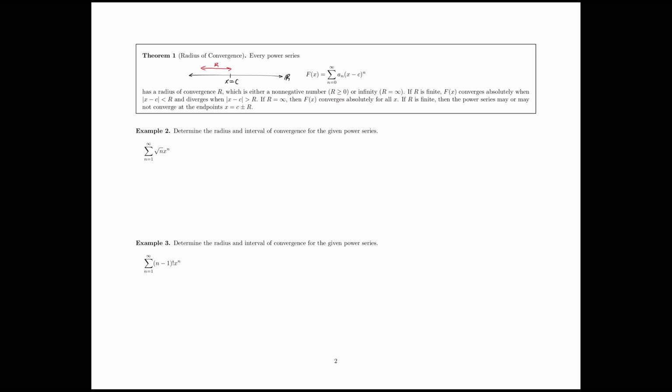From the center, we can go a distance R to the left or a distance R to the right. So somewhere right here to x equals c plus our radius of convergence, and over here to x equals c minus our radius of convergence. So everywhere in between, we have convergence.